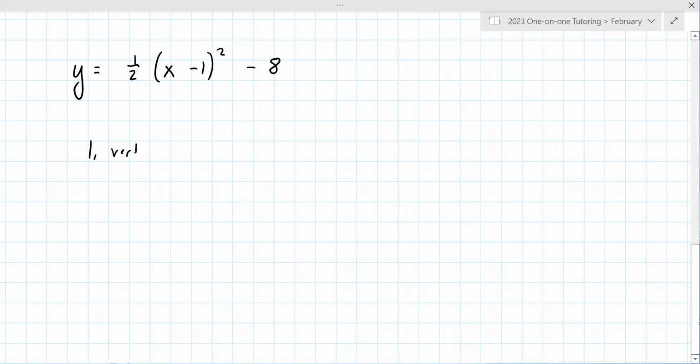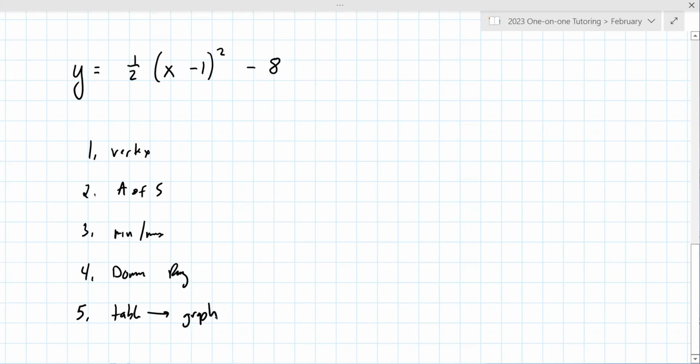Vertex, axis of symmetry, min, max, up, down, domain, range. And then the other things would be like the table, which leads to the graph. So do as much of this as you can. If you have questions, let me know. It may also be good for us to actually list some transformations here first. So maybe we should do that first.